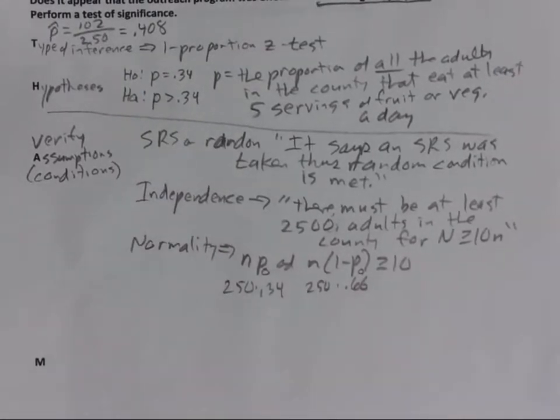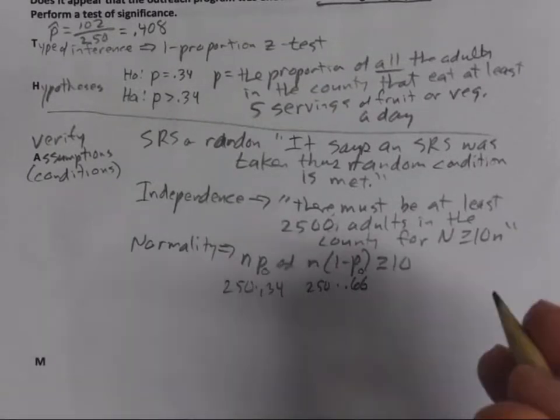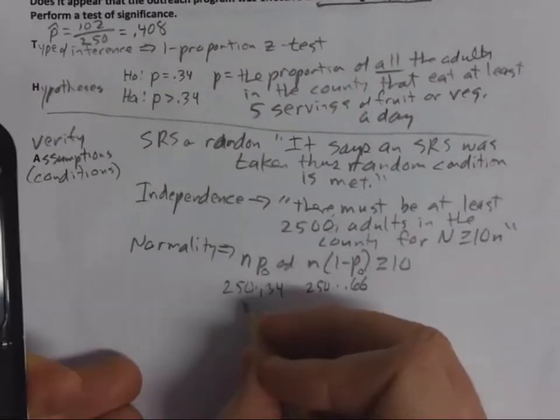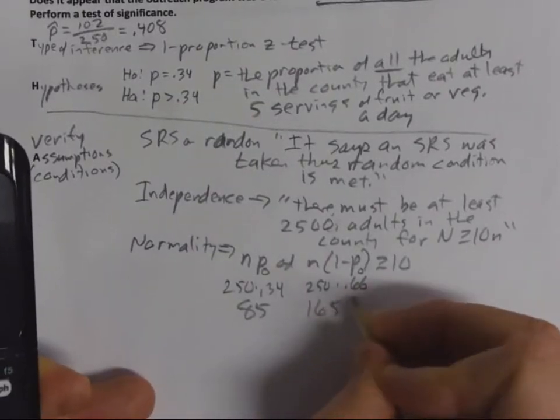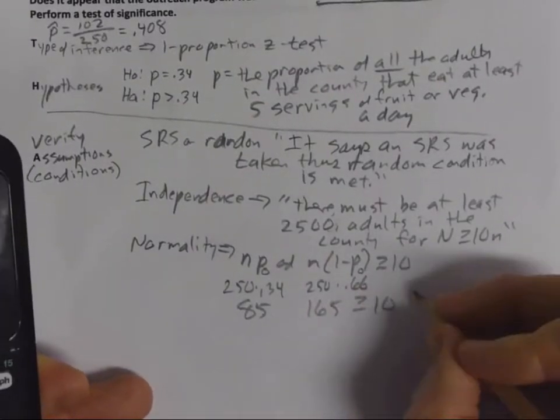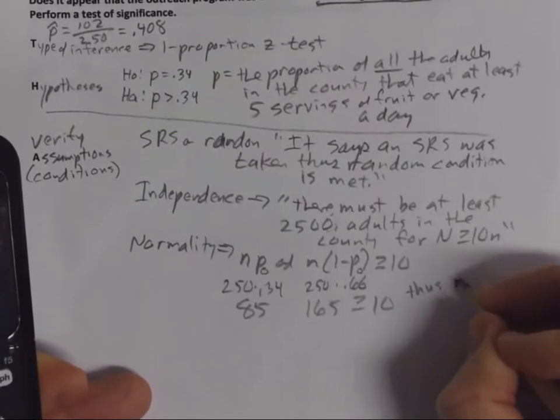And so 250 times 0.34 is equal to 85. And then 250 times 0.66 is equal to 165. They're both clearly greater than or equal to 10. Thus, normality is met.